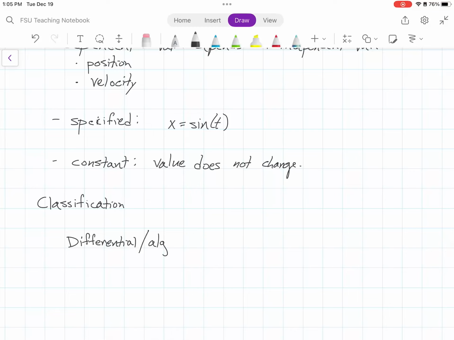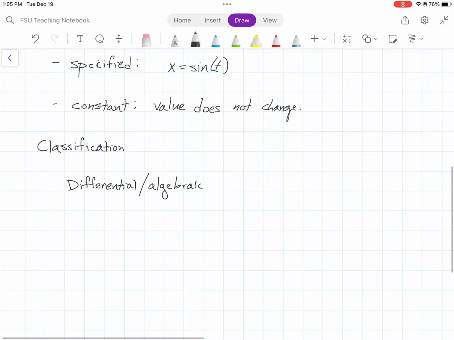An equation is either a differential equation or it is an algebraic equation. An equation is differential if any derivatives are involved in the equation.